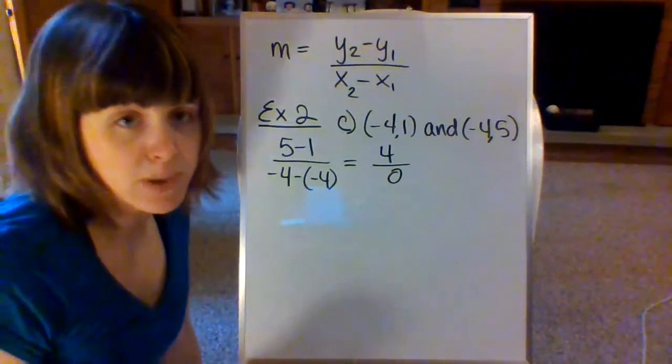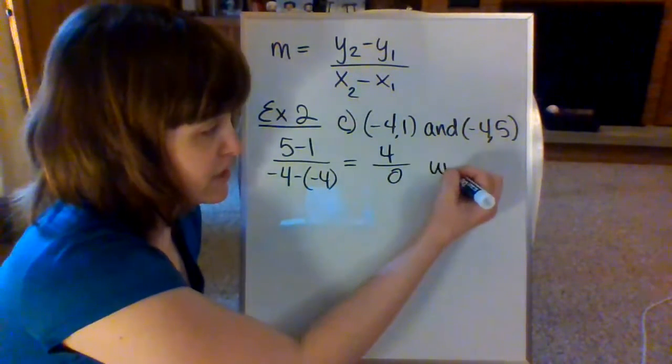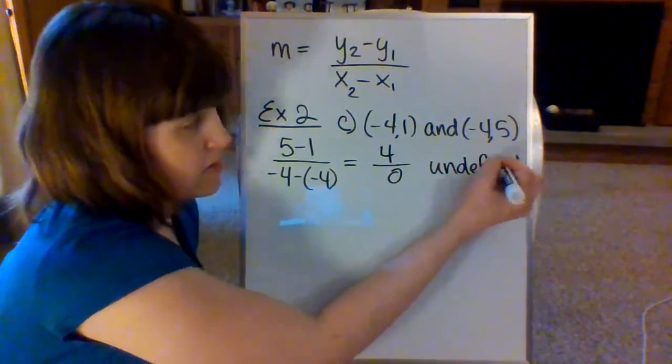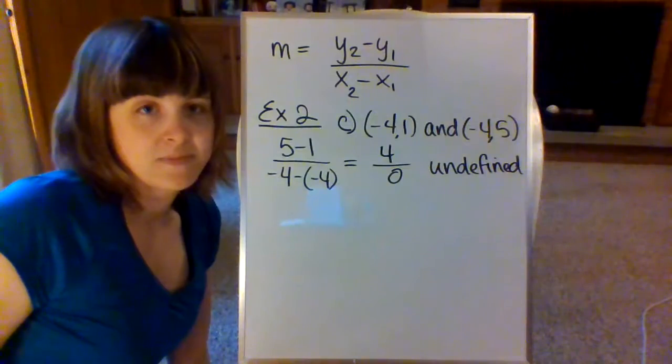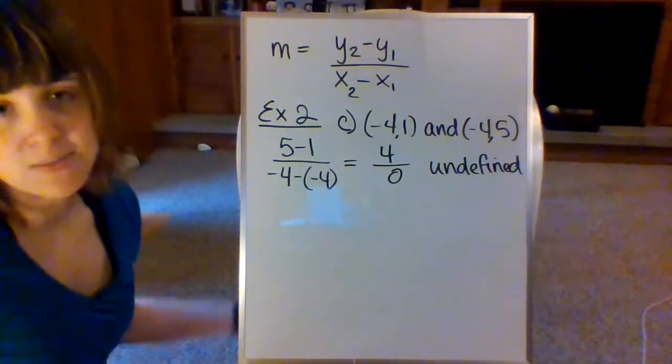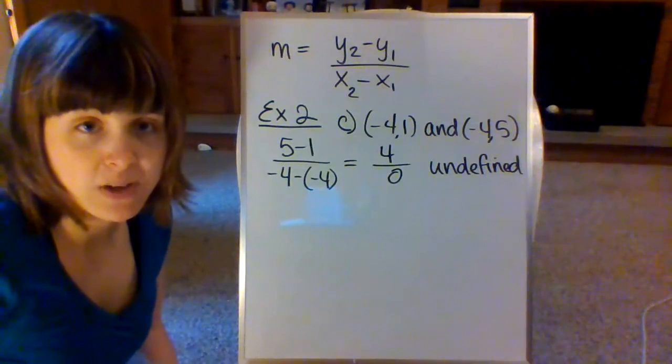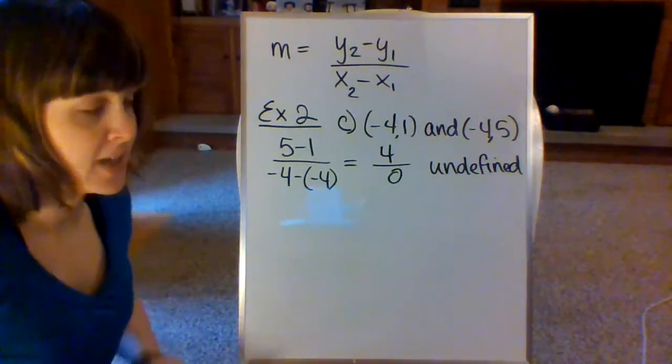So if 0 is on the bottom of the fraction, your slope is undefined. So that's part C. Alright, we've got one more problem to do, and then you will have your Google form to fill out for the day.